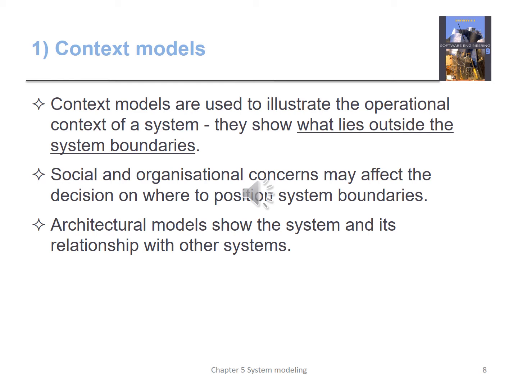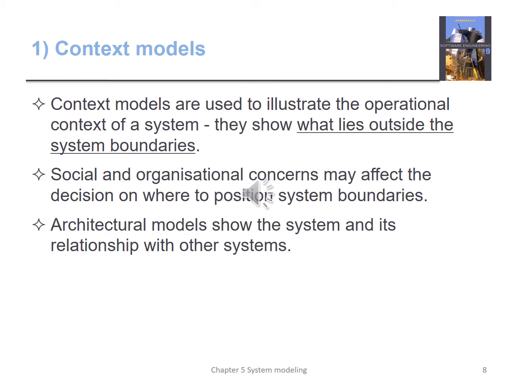Context models are used to illustrate the operational context of a system. They show what lies outside the system boundaries. Social and organizational concerns may affect the decision on where to position system boundaries.